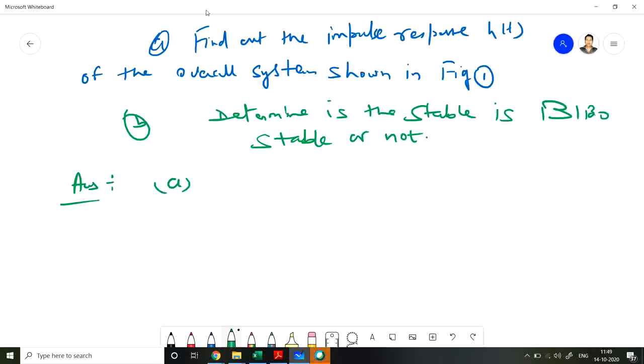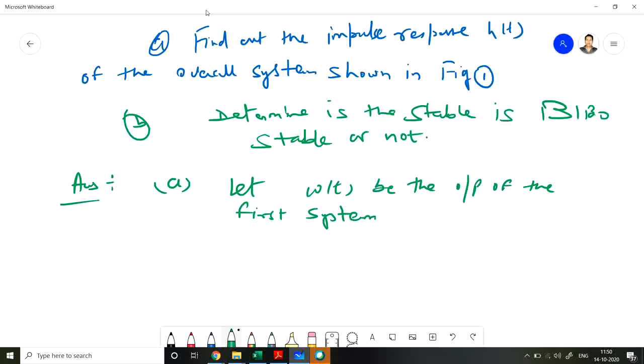So the first part is, let w(t) be the output of the first system. So basically I am drawing again the system.